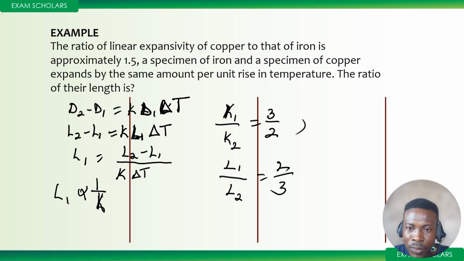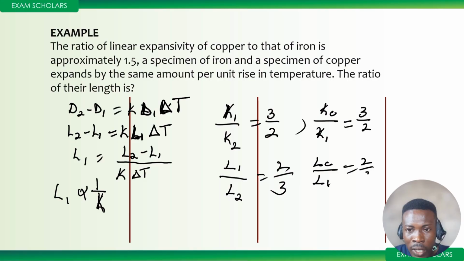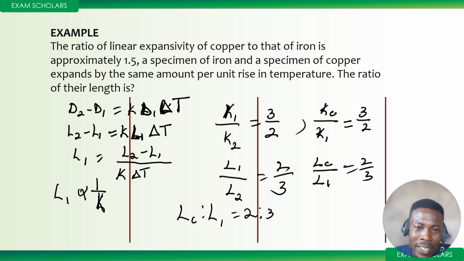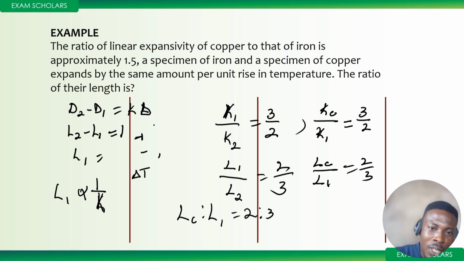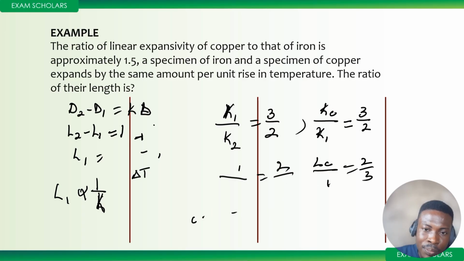So if K copper over K iron is equal to 3/2, then L copper divided by L iron is going to be 2/3. So the ratio of L copper to L iron will be 2/3. Now let's solve it properly. Let me clean it and solve it for you. It's very simple.